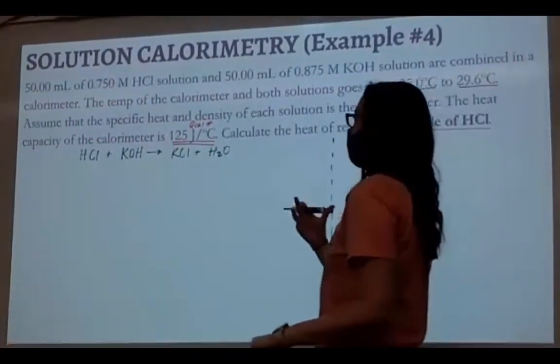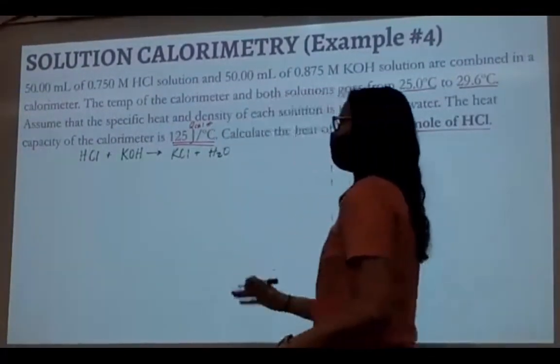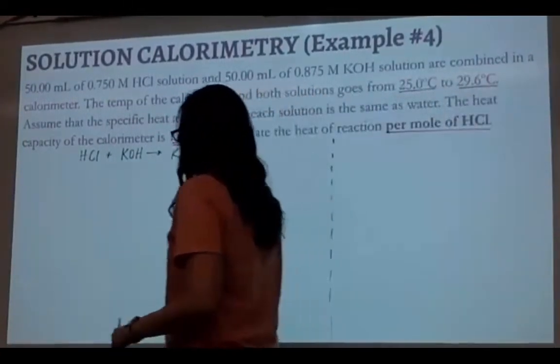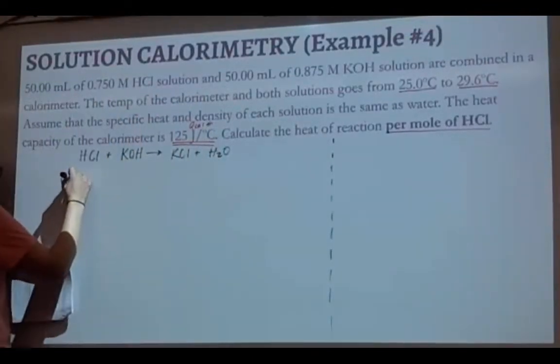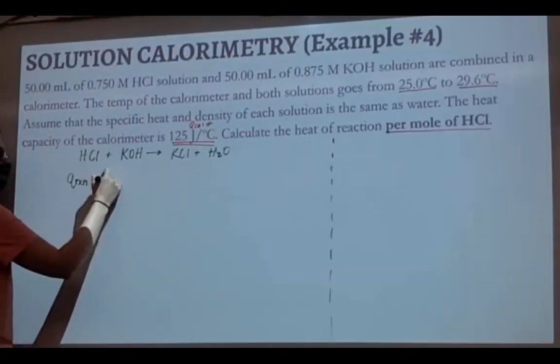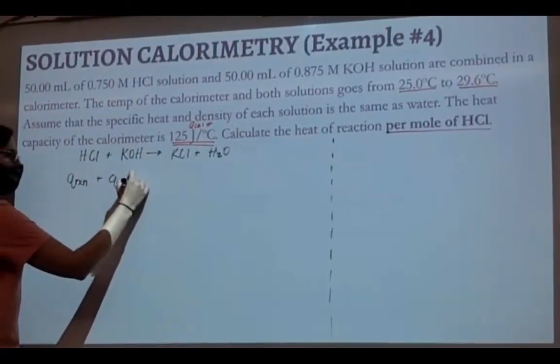The HCl and the KOH react to form KCl and H2O. So since there's a reaction occurring, one of our systems is Q reaction. When you mix two things together, you also are forming a new solution. So we're also going to have Q solution.